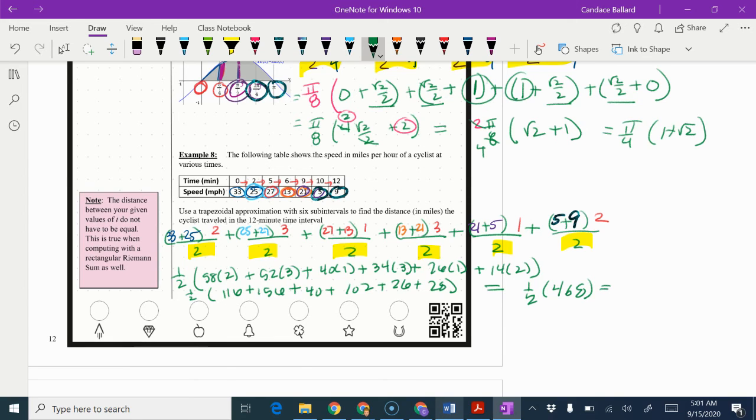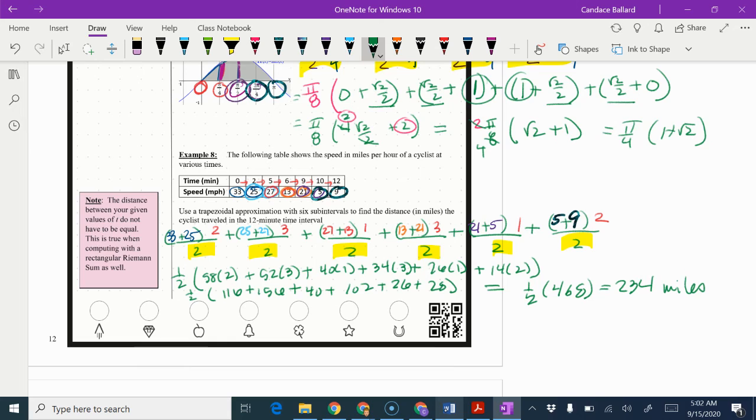And then when I divide that by 2, I get 234. Okay. And then we know it was a speed of miles per hour a cyclist has at various times. So we know that this would be miles, is what we would be measuring.